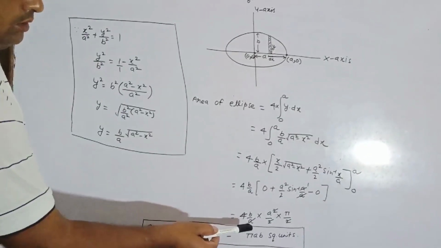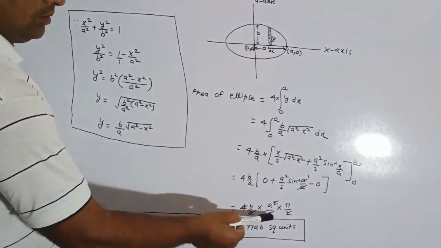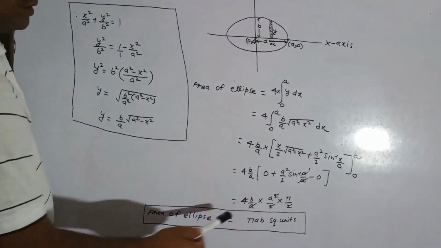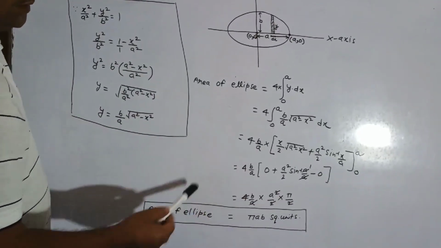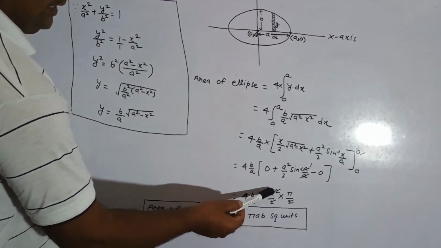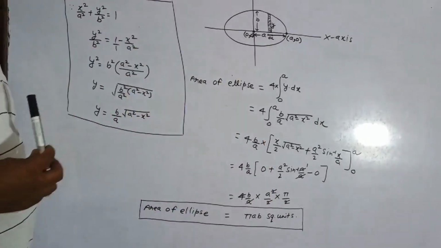Now 4b upon a into a square by 2 and the value of sine inverse 1 will be pi by 2. Now the 2 and 2 make 4 and cancel out, a cancels out, so we will get pi ab. So area of ellipse will be pi ab square units.